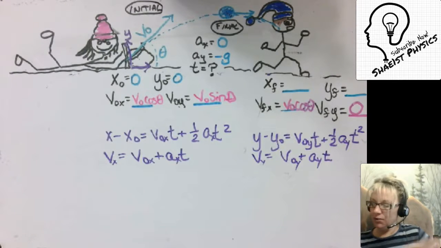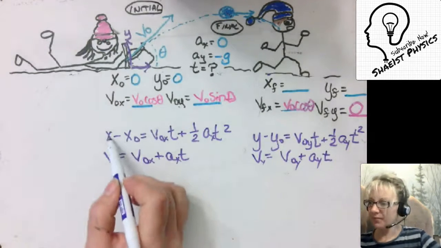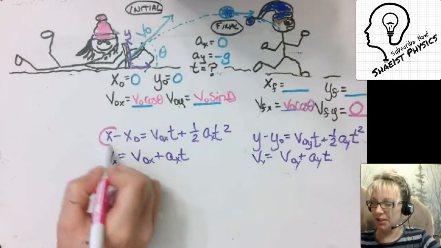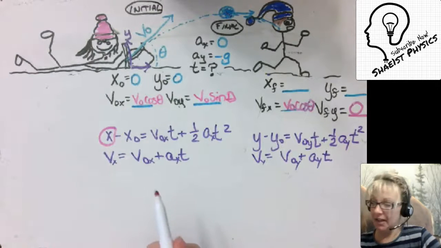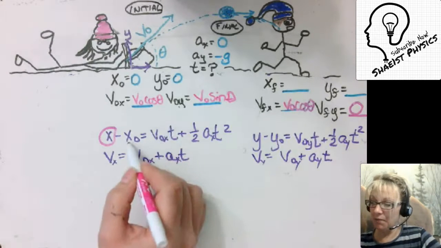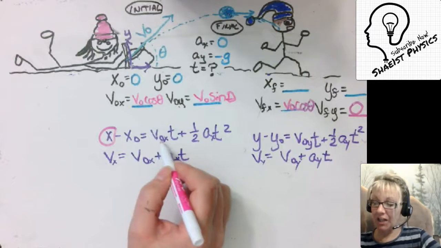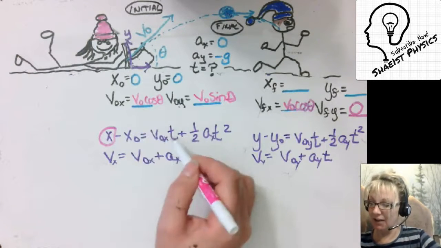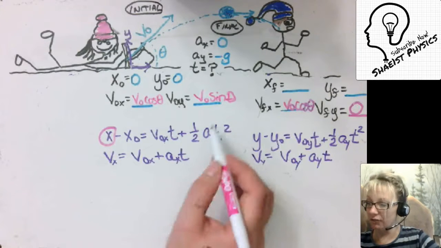Let's see. We'll start here with this equation. I don't know my final x position. I know my initial x position. I know my initial velocity in the x direction, because I can just look up here and find out. I don't know time, but I'm trying to solve for it.